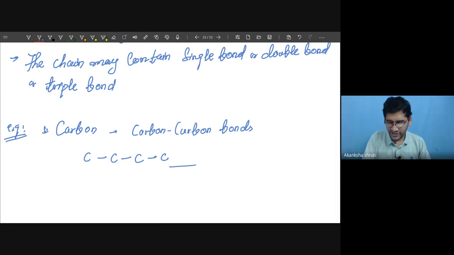This way a chain is formed, or a link, or a straight chain is formed.